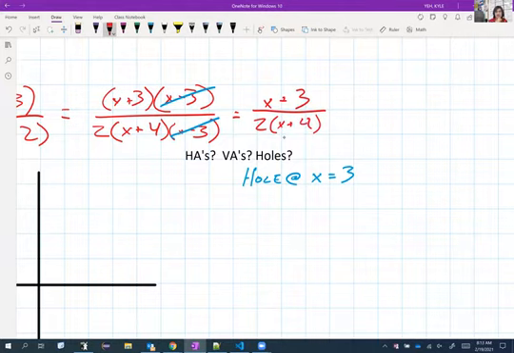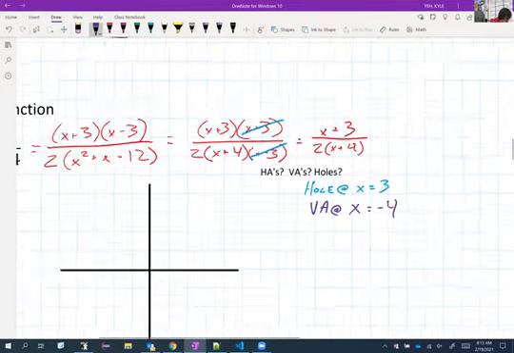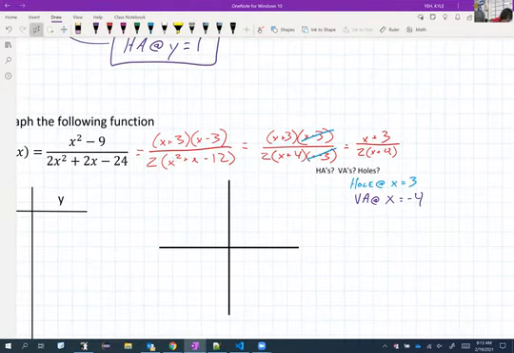Nothing else really to cancel out, so I would go ahead and say, okay, it looks like there's going to be a vertical asymptote at, and it has to do with this factor we couldn't cancel out, remember? So x equals negative 4. Any horizontal asymptotes?